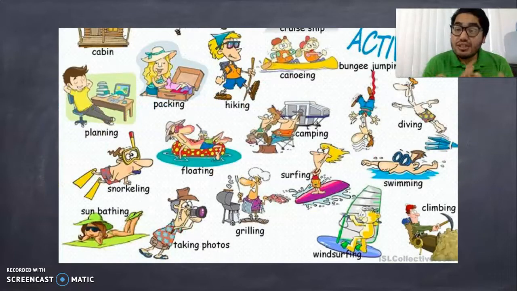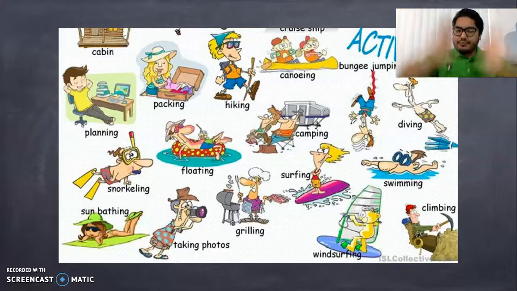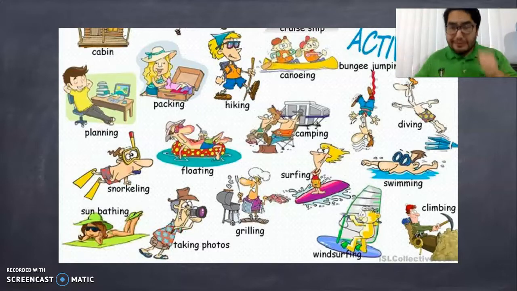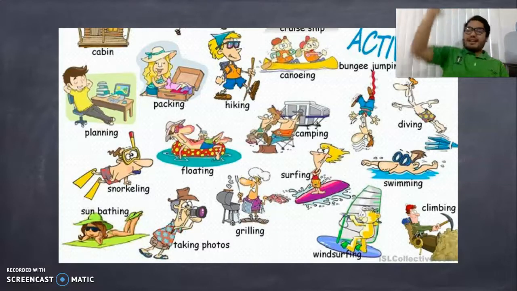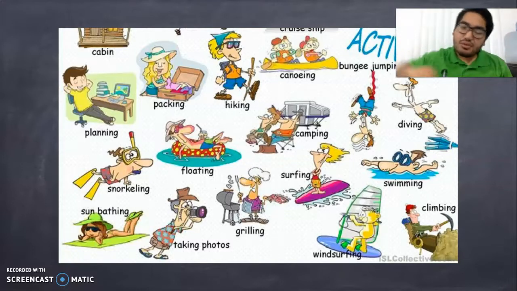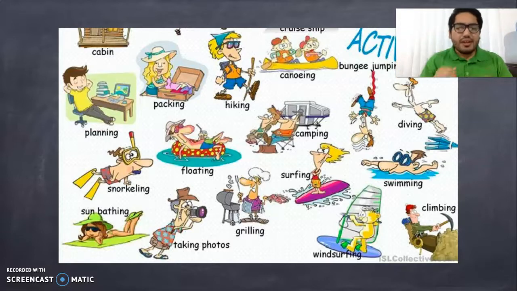And these are the activities that you can do when you go out on vacation. First you plan, then you pack, and then you have all that to do. You can even go hiking, canoeing, bungee jumping, when you fall down and whoosh, you go back, diving, swimming, camping, floating, snorkeling, where you put your snorkel, your tube to breathe, and go in the sea.